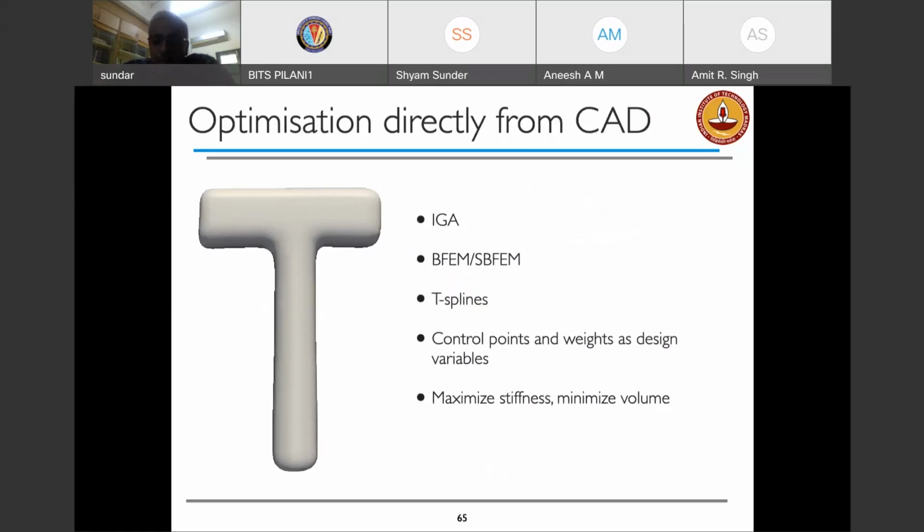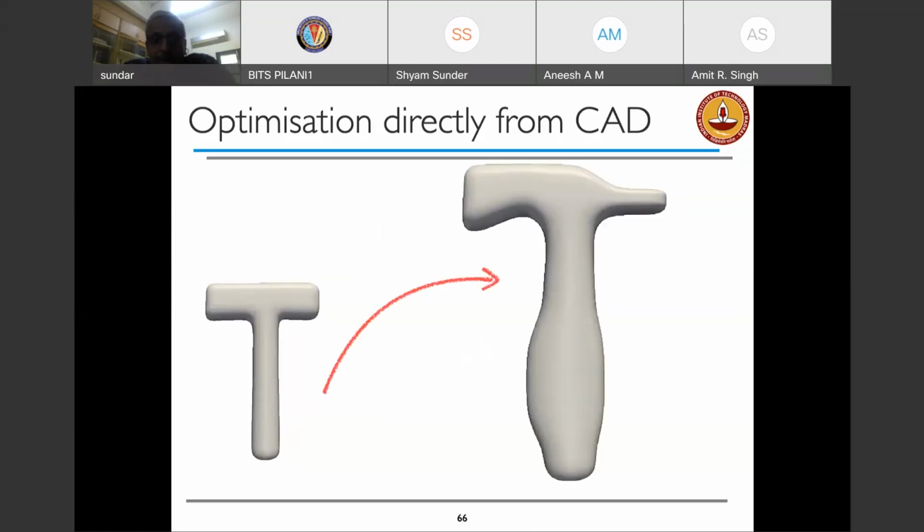One application people try is to use optimization directly from the CAD model. So the geometry is represented by IGA or NURBS, and then we use boundary element method or the scaled boundary finite element method to solve this optimization problem. So you can actually go from defining the hammer from this shape to this shape, which could depend on certain constraints.